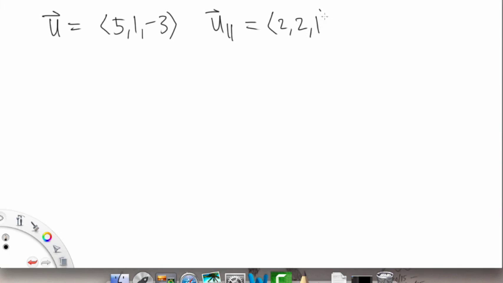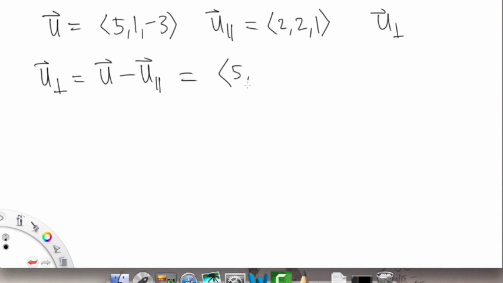All right. So now we have u, which equals (5, 1, -3). We have u parallel, which equals (2, 2, 1). And now we need to find our third component here, which is u perpendicular. And the way we find that is we subtract the projection of u from the vector u.